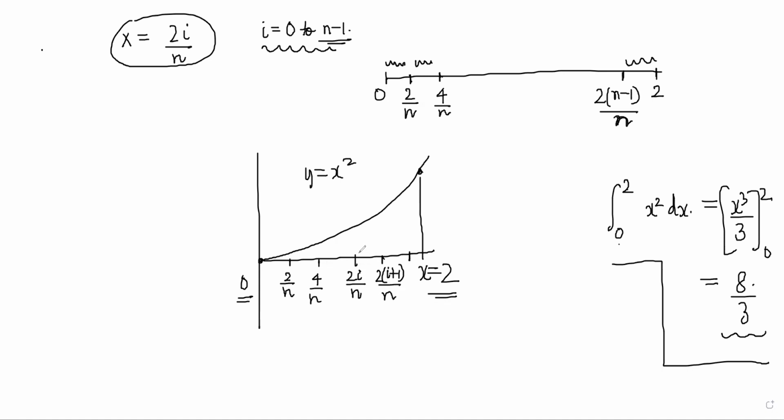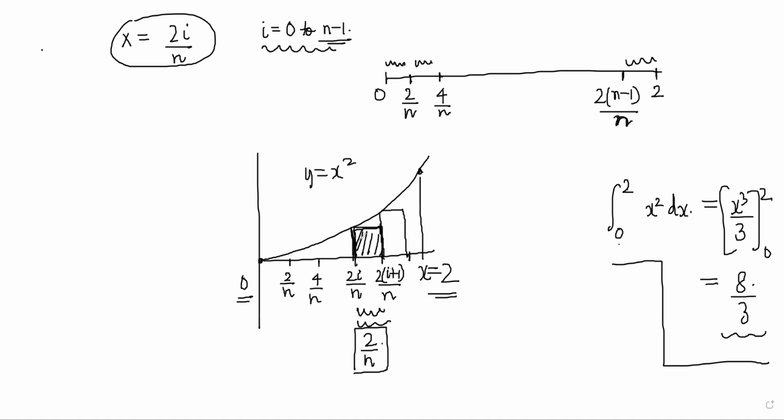What I will do is make rectangles here like this, okay? Correct? So my rectangle starts at x equal to 2i by n and goes up to 2(i plus 1) by n, right? So the width here is still 2 by n, correct? Are you understanding what I'm saying?